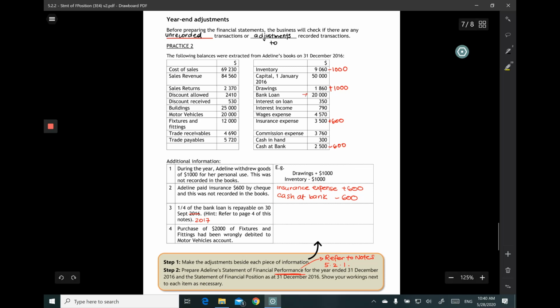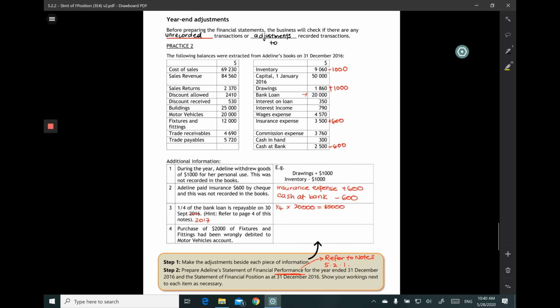So 1/4 of this 20,000 is repayable on 30th September 2017, which is within 1 year. If you use your calculator, 1/4 times the bank loan gives you $5,000. So how do you adjust for this?